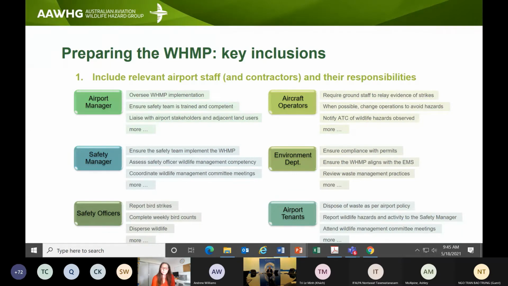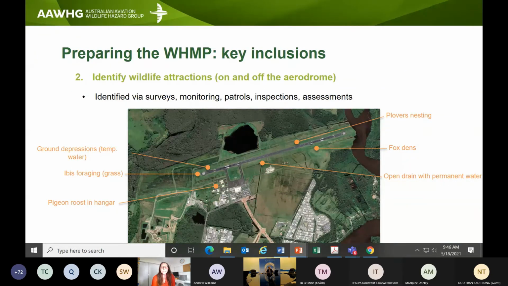Next slide, please. The second inclusion in WHMPs for Australian airports is to identify the wildlife attractions, both on the airport and in the airport's vicinity. So, for example, we have an airport here that has, through monitoring, through surveys, through inspections and assessments of their airfield, they have identified particular attractants on their airfield.